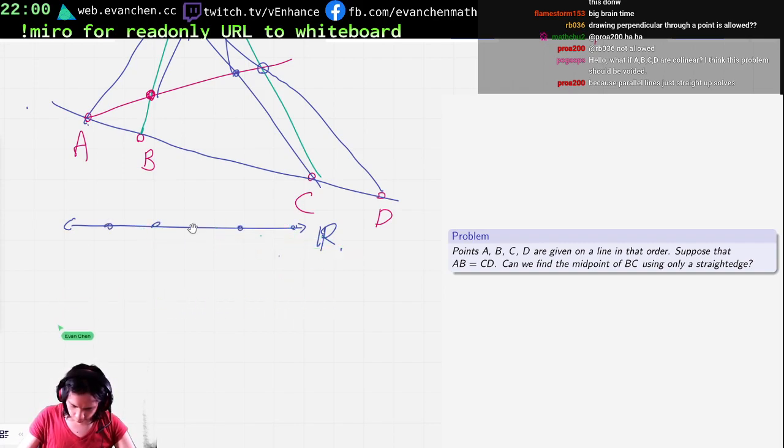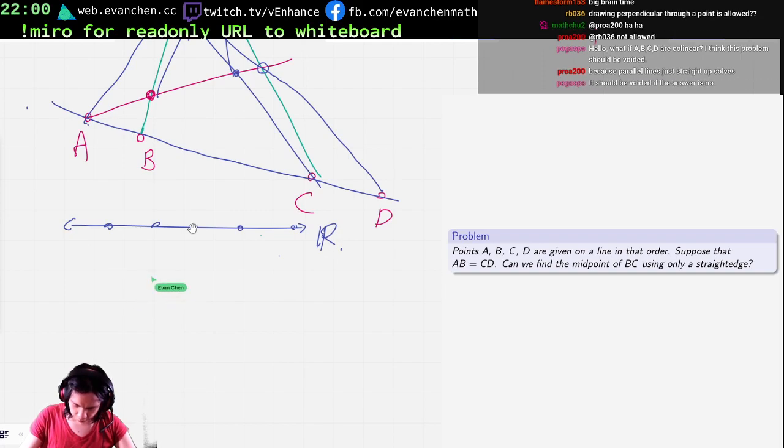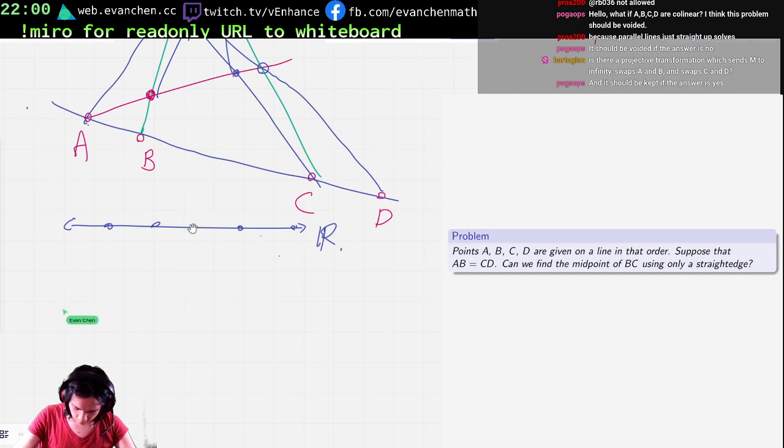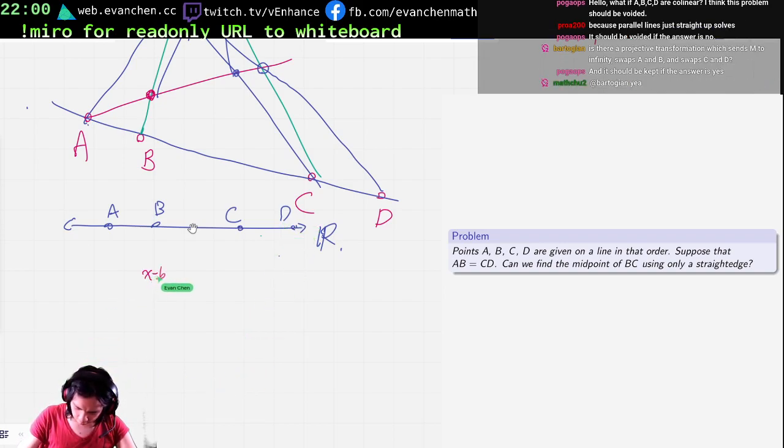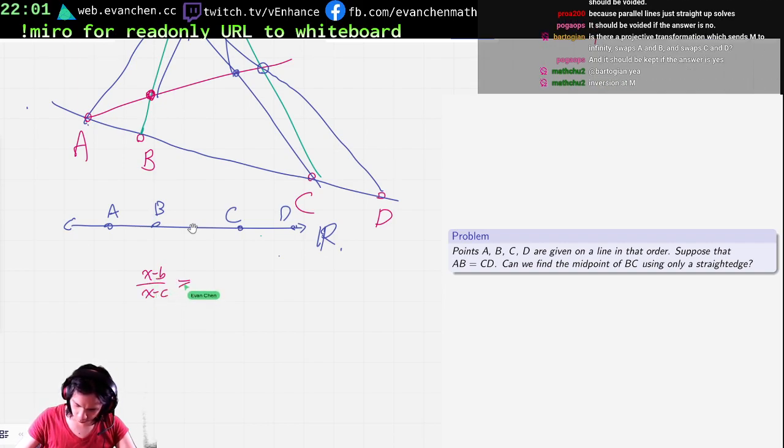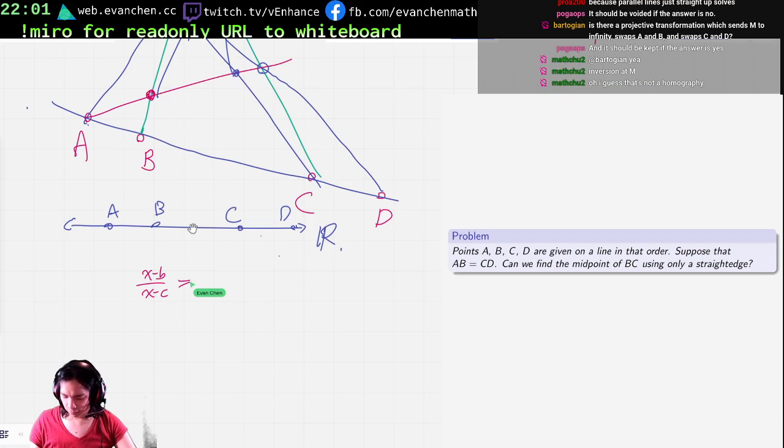And our thing is equivalent to saying you have x minus b. So there's 2 points x and y that we want to construct in the projective plane, such that the involution fixes x, fixes y, swaps b, c, swaps a, d. So let's see, x minus b over x minus c should be equal to... I always get the signs wrong on this.